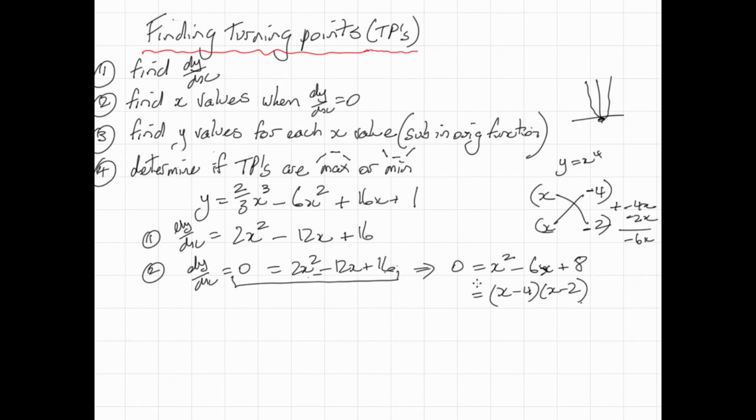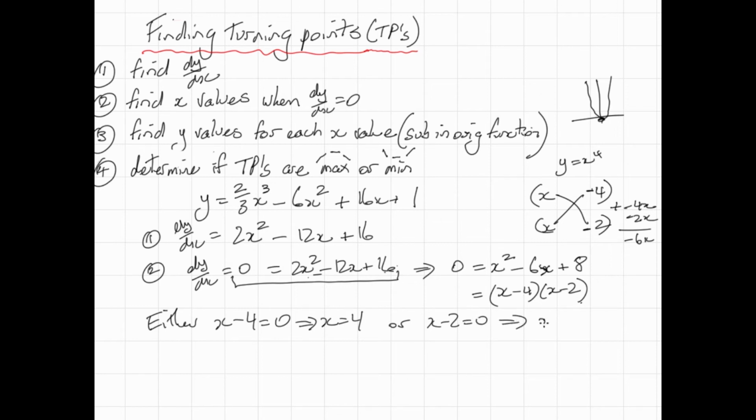So what values of x are going to make this equal to 0? So either this must be equal to 0, x minus 4 equals 0. Solve that, take the minus 4 to the other side, so you get x equals 4. Or either that has to be equal to 0, x minus 2 equals 0.